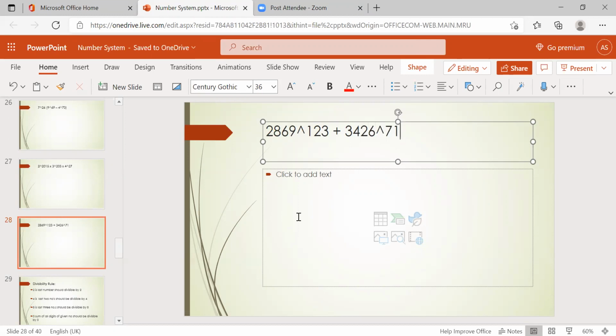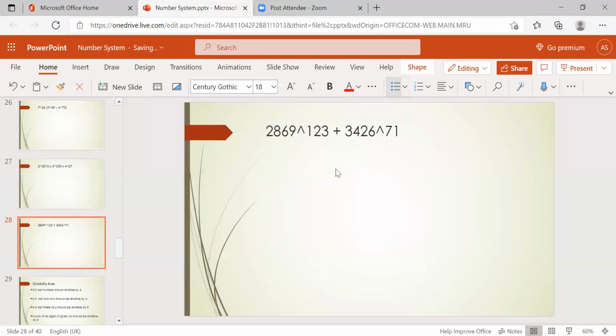Now check. Easy question actually. I'll give you 1 minute. Then try to solve this. Very, very easy question.